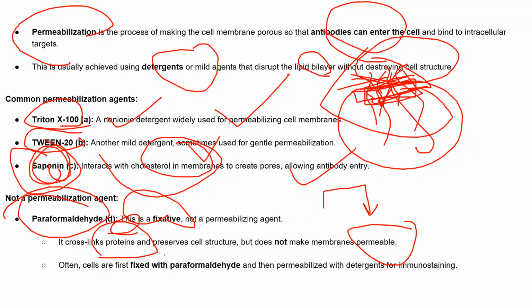It removes the water and all, so that we can preserve and see the protein boundaries and intact proteins. For that, first we have to fix the sample. For fixation, normally paraformaldehyde is what we use, and after that we use permeabilization, but it doesn't permeabilize the membrane, it is just used for the fixation step.